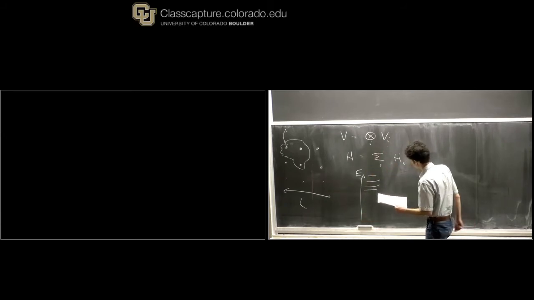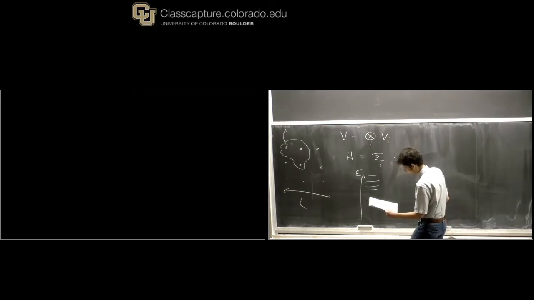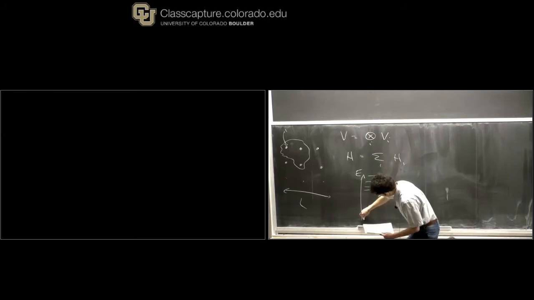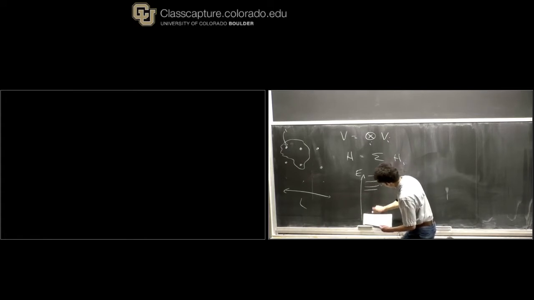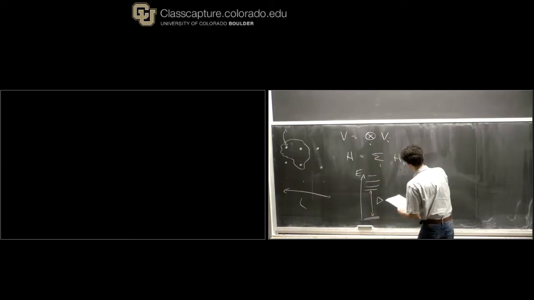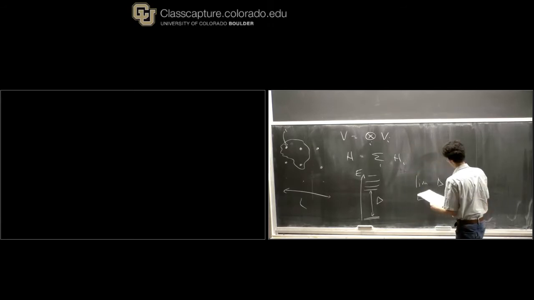We assume the Hilbert spaces are also all finite, just for simplicity. I'll say that the Hamiltonian is gapped if there is a gap in the spectrum, delta, such that when I take the system size to infinity, delta is non-zero. Gapped.